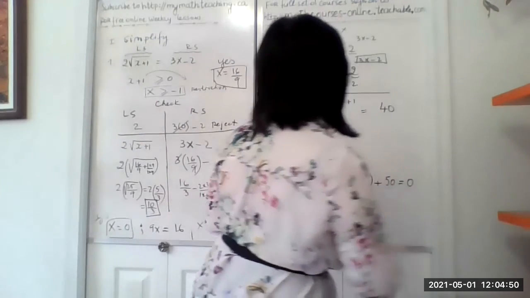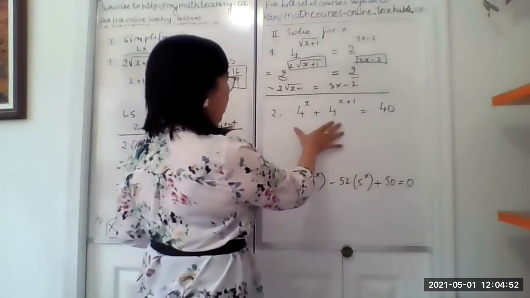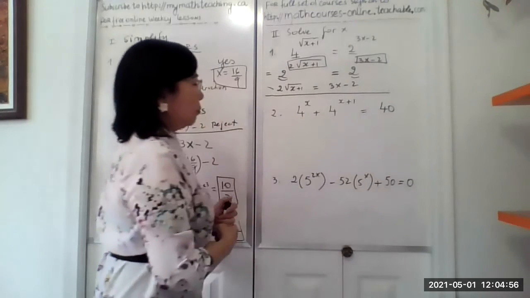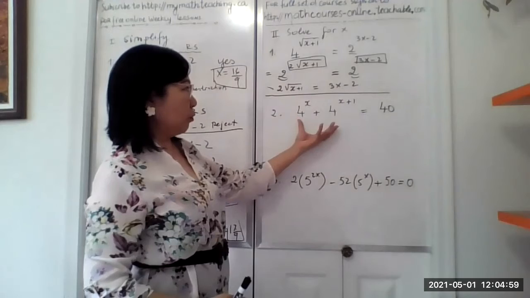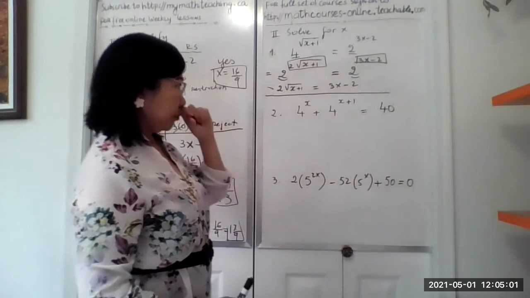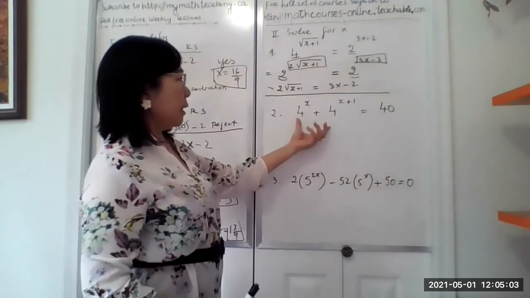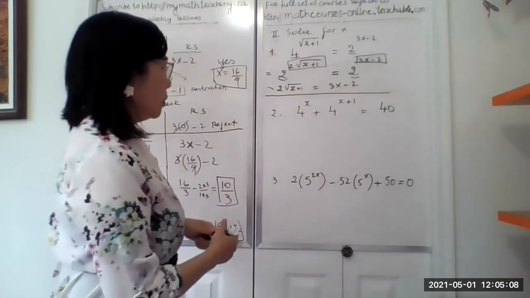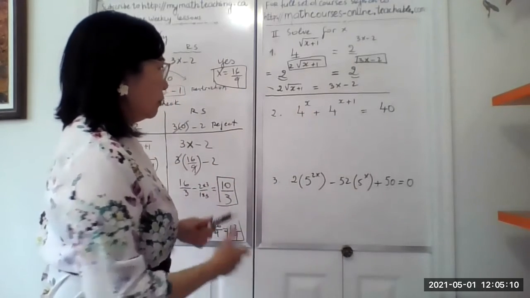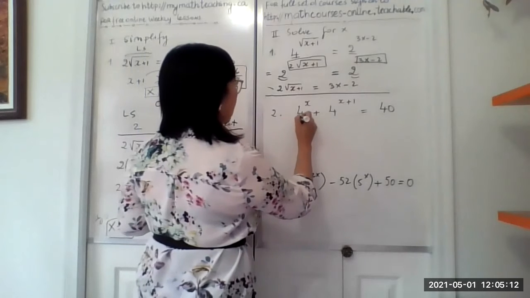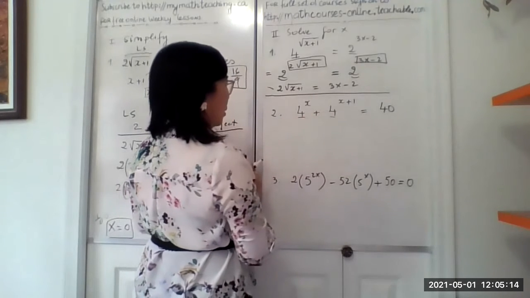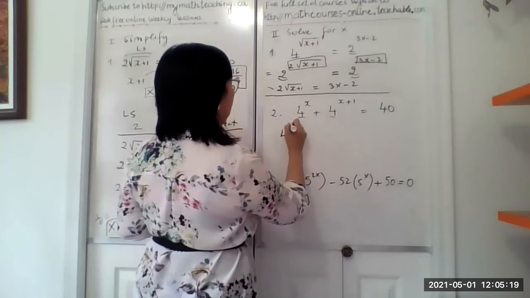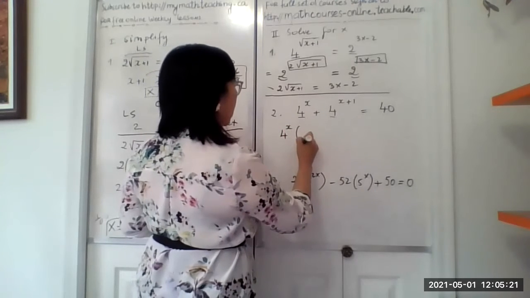Now this equation, they have the same base, but we have to be careful because they are not multiplied, they're adding. In terms of adding like this, you cannot do anything except factor out. They have the same base, so I'm going to factor out 4 to the power x as the common factor.